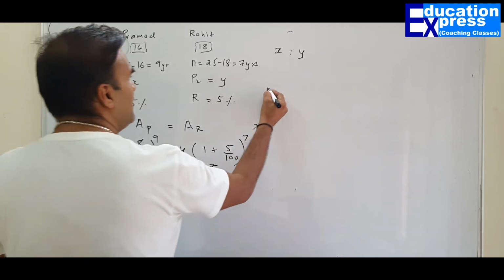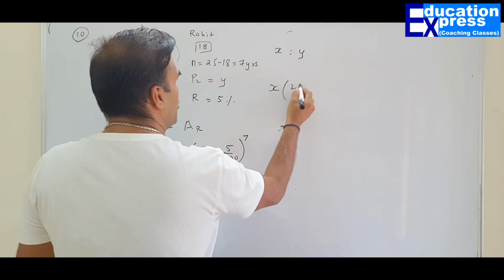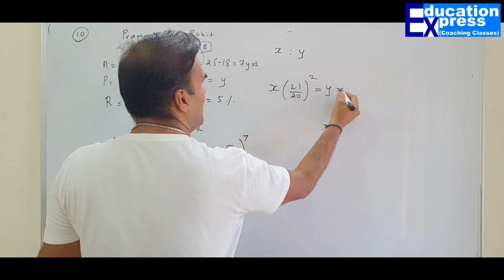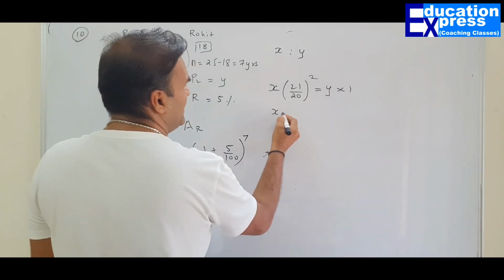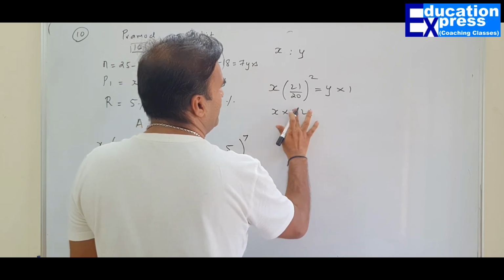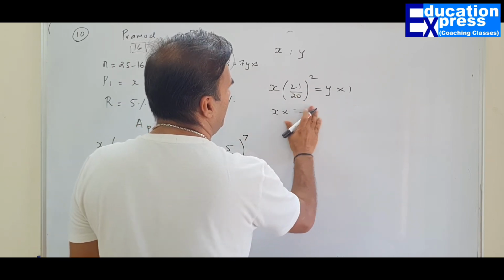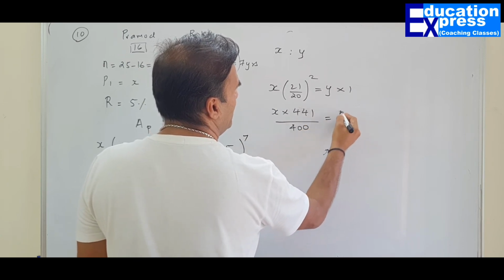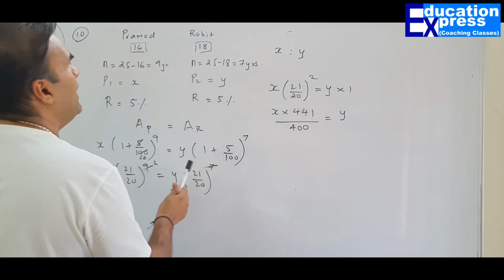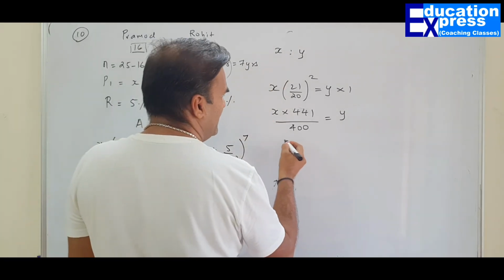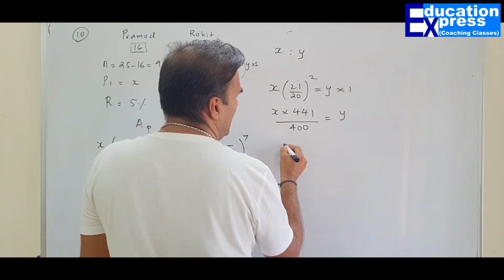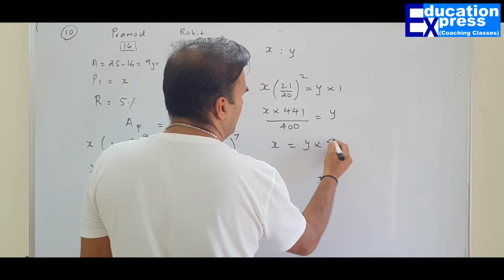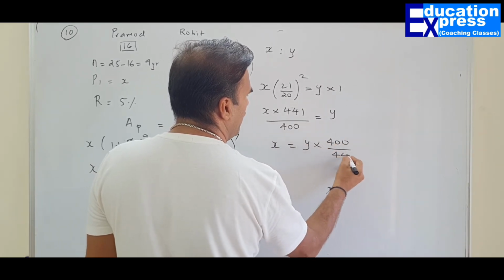So we are left with x into 21 upon 20 squared equals y into 1. X into 21 into 21, 441 upon 400 equals y. We have to find x upon y. So x will be y into 400 upon 441.